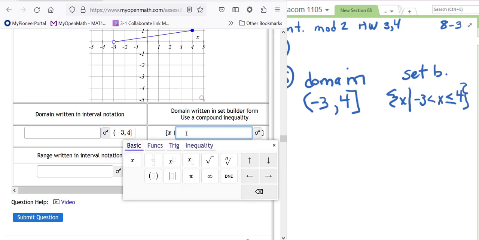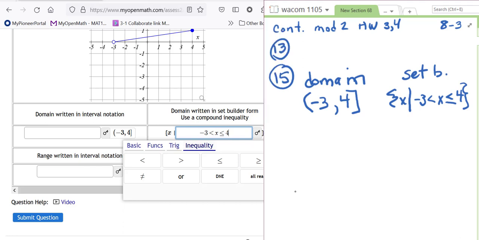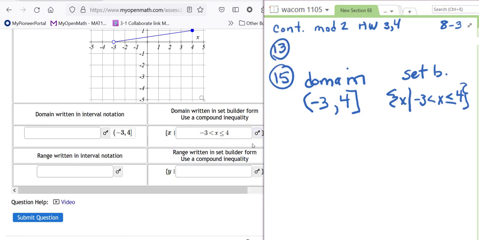All right, so I'm going to do a -3 from my keyboard. So I want the inequality template, so I'll choose it. And I want just less than, and then I'll do x from my keyboard. And then I want the less than or equal to 4. And it is going to close. So it should be good there.